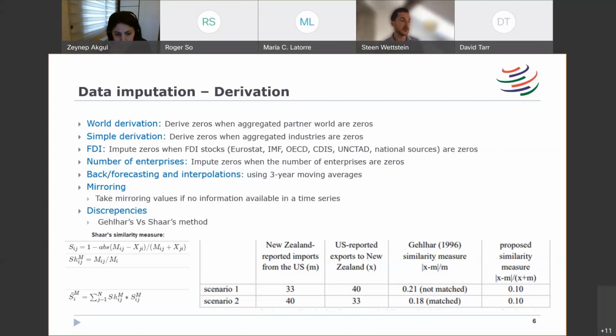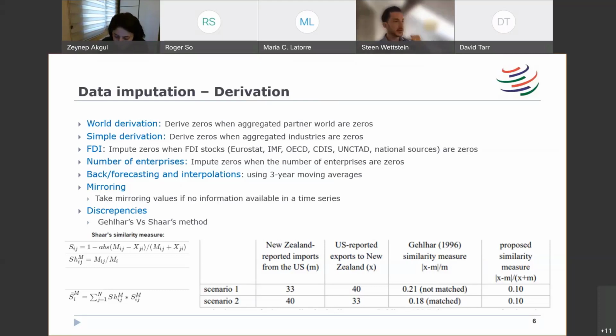And this constitutes a very nice way of estimating those missing flows. However, we know there are some quite large discrepancies between inward and outward flow. So we spent some time investigating how to correct this because we're mixing estimates, predicted values with hard data, with mirroring. So this is something that will need to be dealt with in the end in the optimization procedure, like it was explained before by Roger.